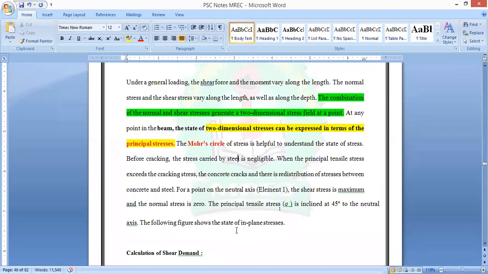So when the principal tensile stress exceeds the cracking stress, the concrete cracks and there is a redistribution of stresses between concrete and steel.